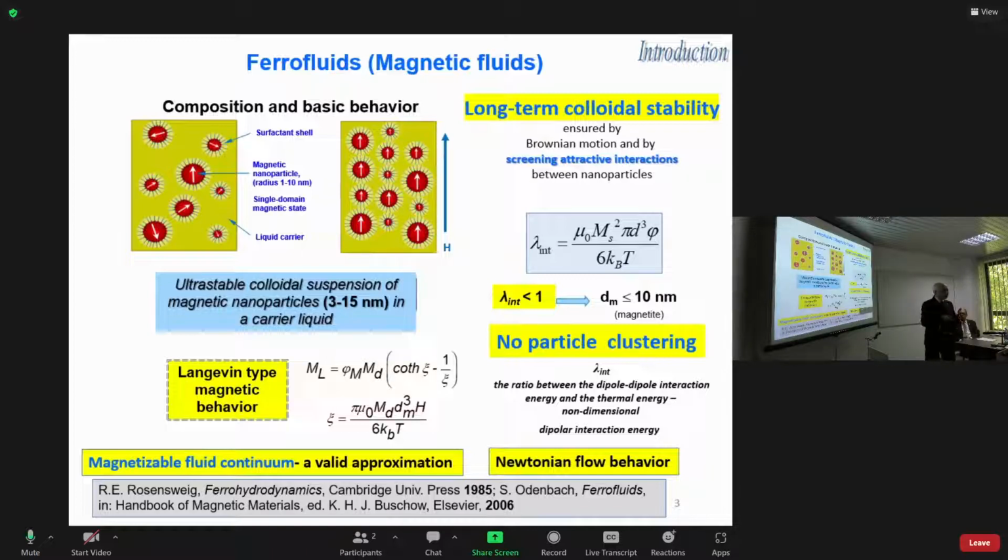So we have to make it. That is the problem. In the ideal case, we can suppose that this is a magnetizable continuum. But we will see that this continuum has something which is not so easy and not so simple.